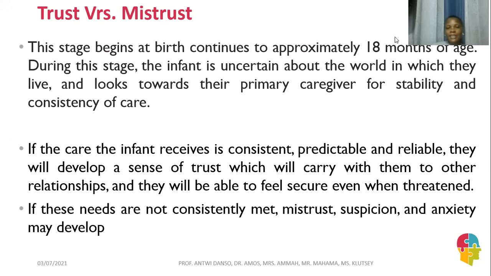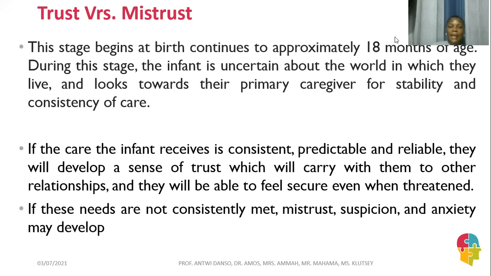Now, the first stage is what we call the trust versus mistrust stage. At this stage, it starts from the time that the child is born to about 18 months. And the child is uncertain about the new environment or the world in which they have found themselves.